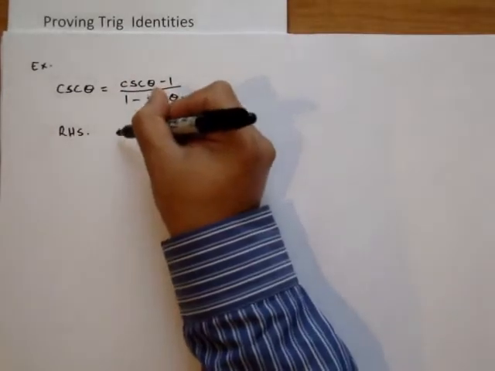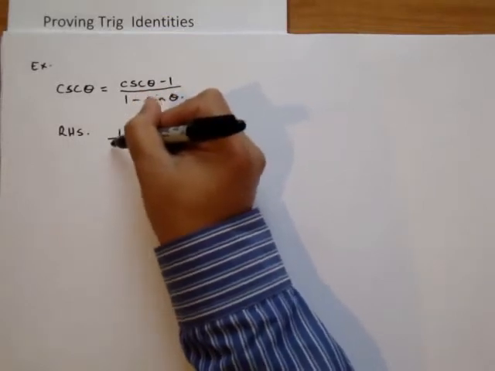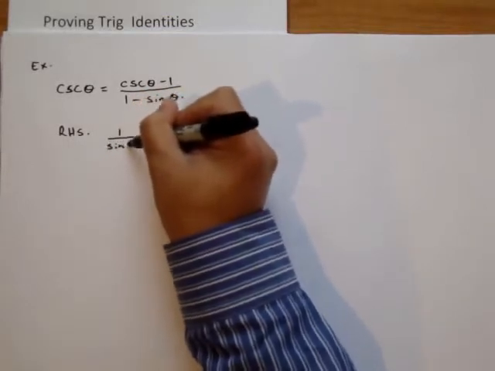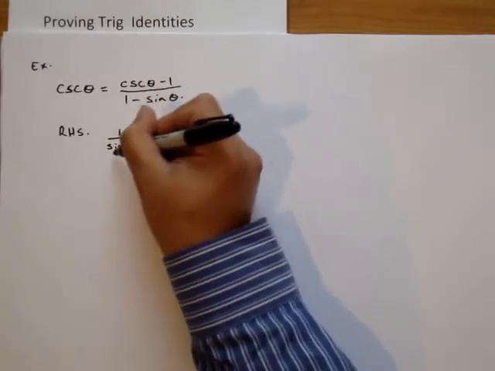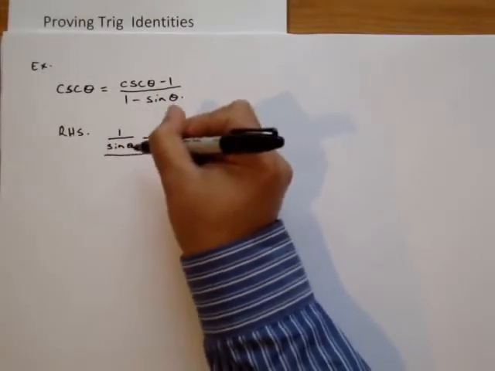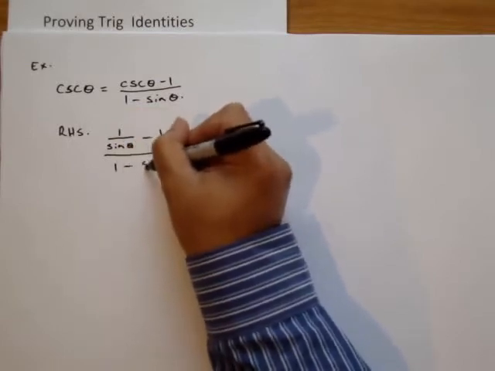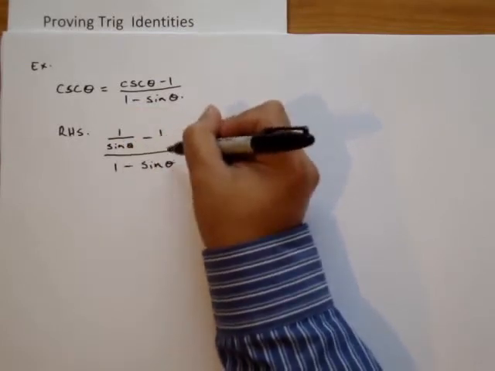So cosec theta is nothing but 1 over sine theta, minus 1 all over 1 minus sine theta.